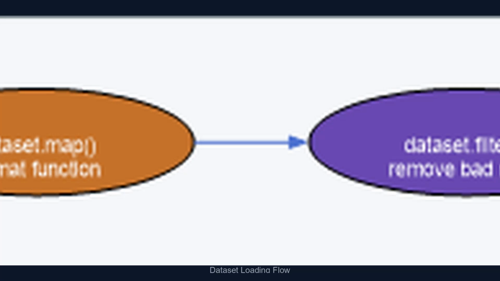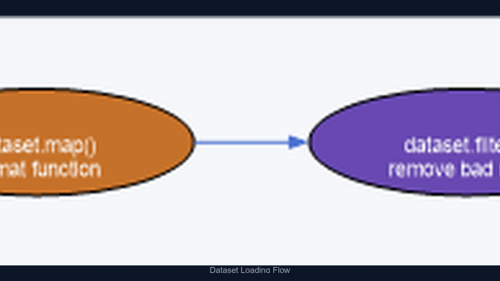This diagram maps the complete dataset loading flow from raw source to training-ready splits. It starts with a source choice, hub or local file, and flows through load_dataset into a series of transformation steps. Inspection first. Check features and shape before touching anything.